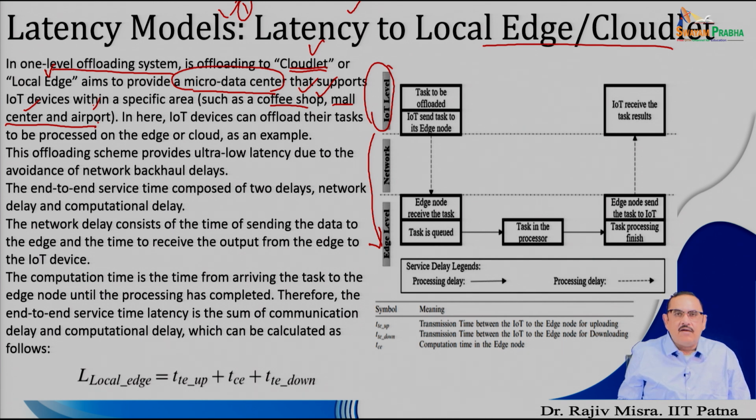So, every mall, at least every shop, will have more than one such IoT device. So, you can see that the mall will have these IoT devices, and these IoT devices often depend upon edge computing for task offloading and doing all kinds of computation. So, this is a quite reasonable model, and a lot of applications around you depend upon this kind of model, where the task is offloaded to the local edge or a cloudlet.